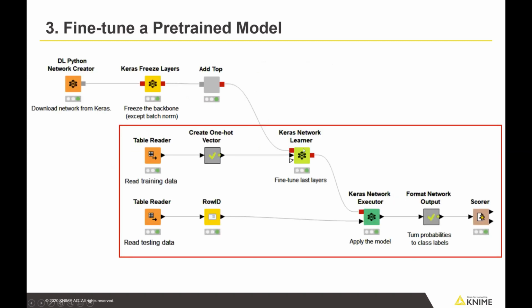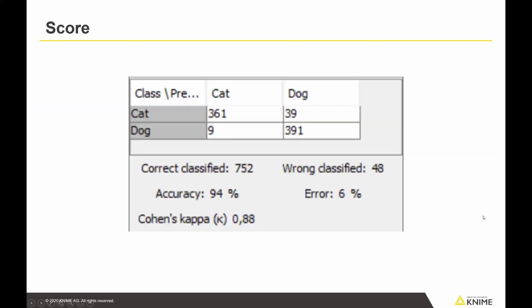After we did this, we proceed as usual: read in the training data, create the one hot vector, train the network, read in the testing data, and create the output predictions. Then if you look at the score, we can see now, nice, the accuracy was boosted to 94%.